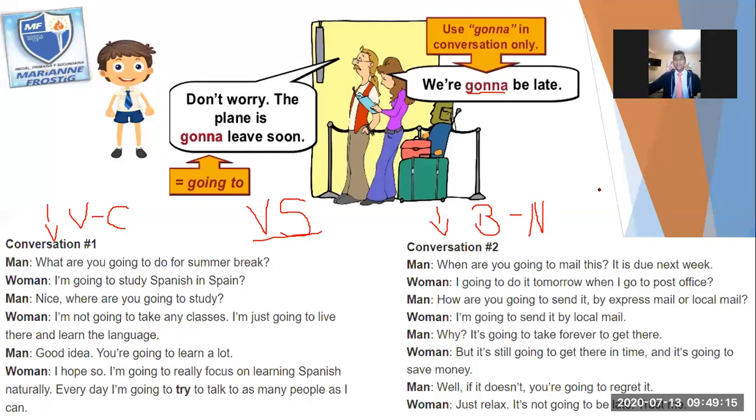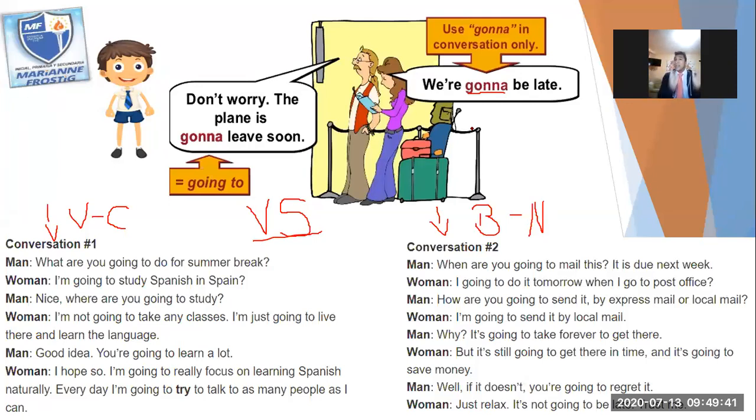Very good, Bruno, and very good, Naomi, and of course, very good, Valerie and Carolina. Very good pronunciation. Remember this, please. Going to for writing, gonna for speaking, okay? At the beginning it is so weird. Al inicio es weird, extraño, but then you get used to it and you say, hey, gonna.